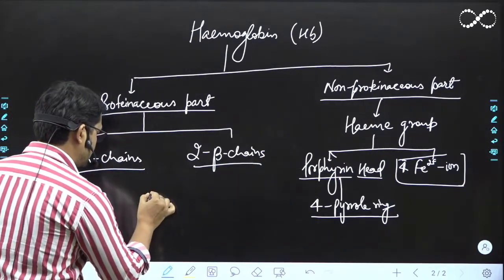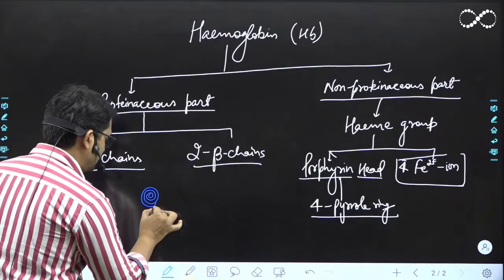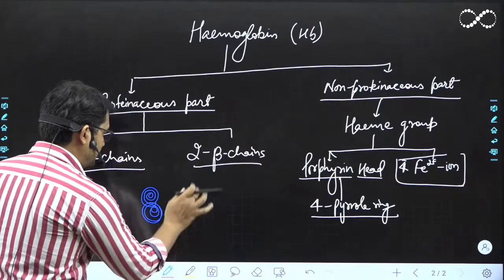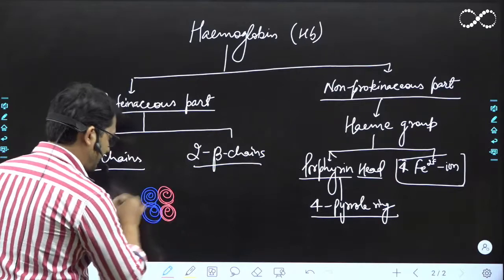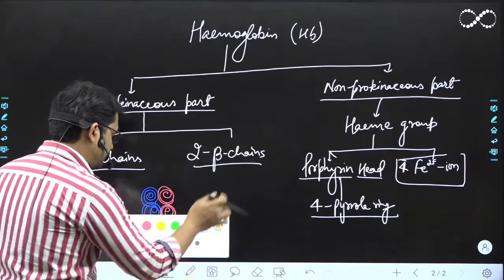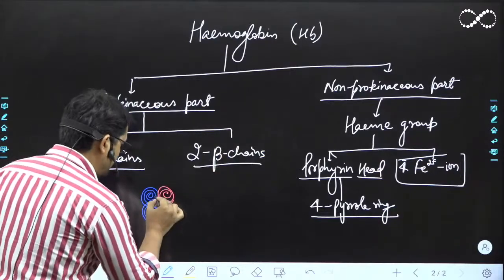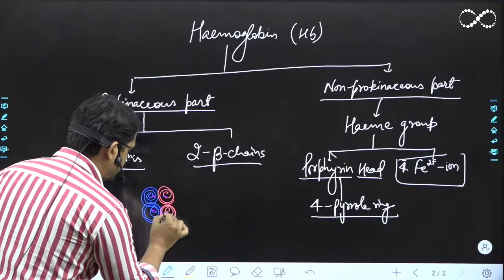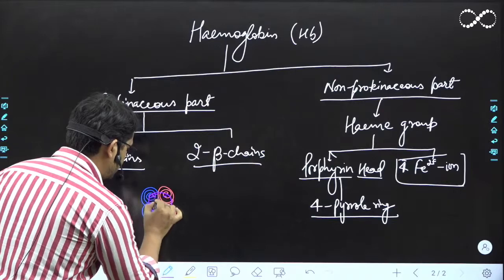Okay, so this is something like this. This is one alpha chain. This is the another alpha chain. Red as the beta chain. Okay, and I'm using purple for the heme group. So there are these heme groups here. Here are the iron, and there is a particular heme group sitting here.